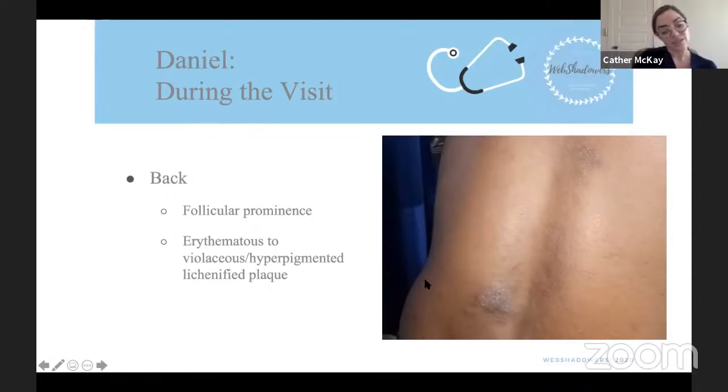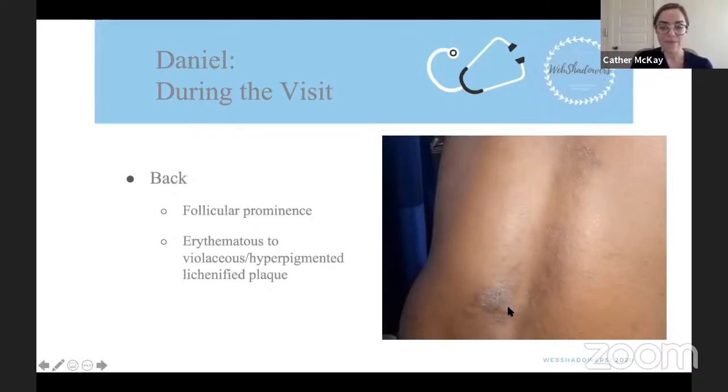And lichenified is another word we use in dermatology, and that means that it's thickened, like the bark of a tree. I think it's the derivative of lichen, like lichenified. And that is a sign of its chronicity. So when things in the skin are chronically rubbed and scratched, I always describe it to patients as your skin is thickening and trying to protect itself.